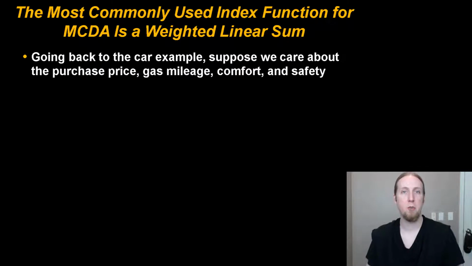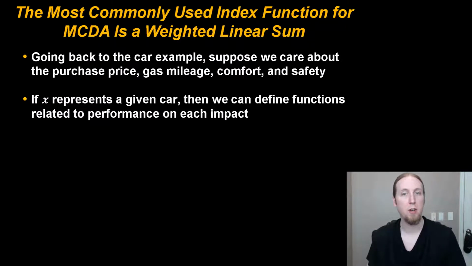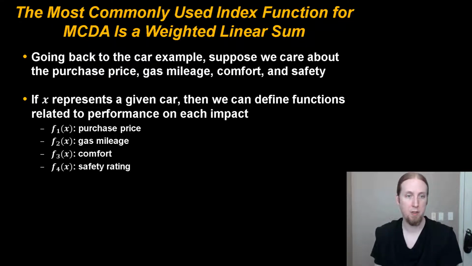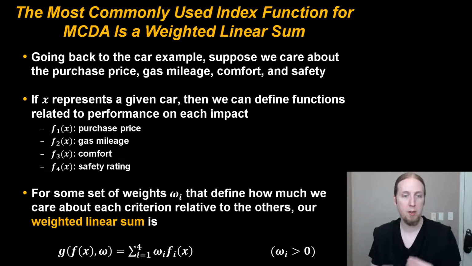The easiest way to do this is through what's called a weighted linear sum, which is exactly what it sounds like. If we have a number of different criteria, then we can come up with a function for each of them, and then we're going to combine them together by taking their sum with a weight attached to each one that represents how much we care about one criterion versus another. So we can see our index function here is g.